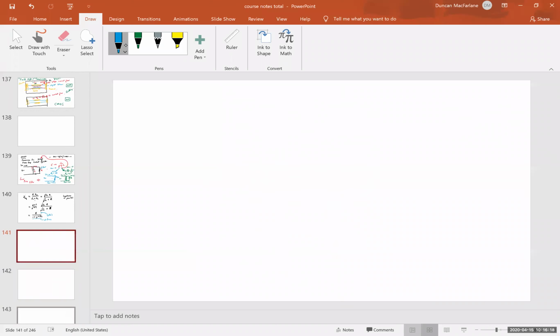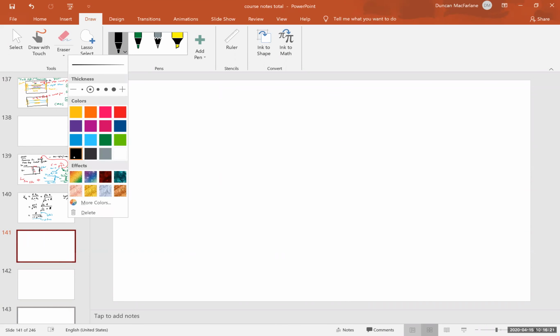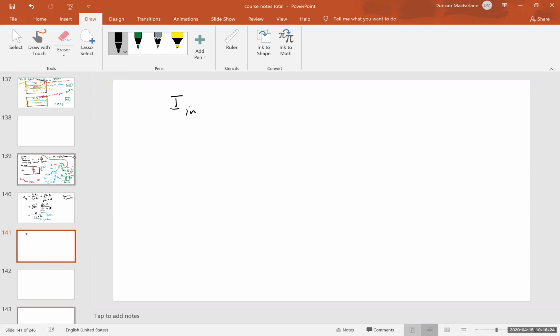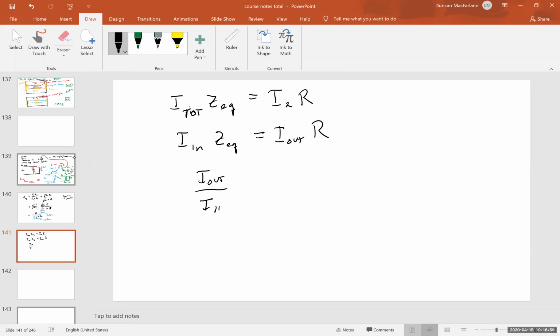Okay, so now what I want to do is understand what my input-output relationship is. So let me write that as I total, and then let me write this as I in Z equivalent, and then my I2 is actually my I out times R. And so I can write I out over I in.